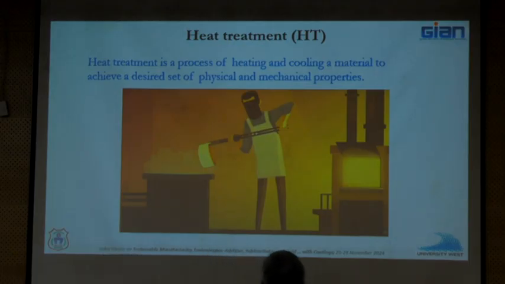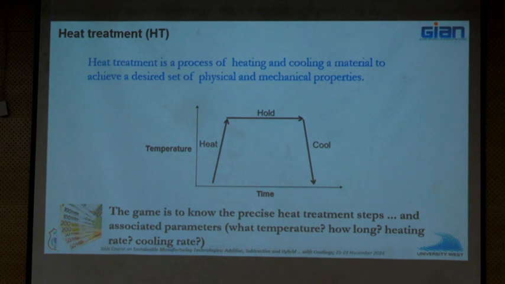So let's talk about conventional heat treatment and its relevance to AM. So you know what heat treatment is, right? You take the material to a certain temperature, hold it for a specific predetermined duration, and then cool it. You can change various things here.